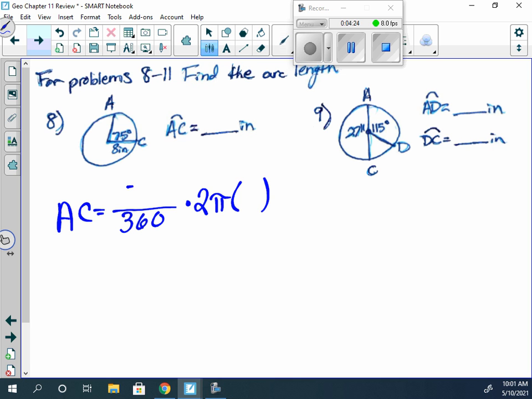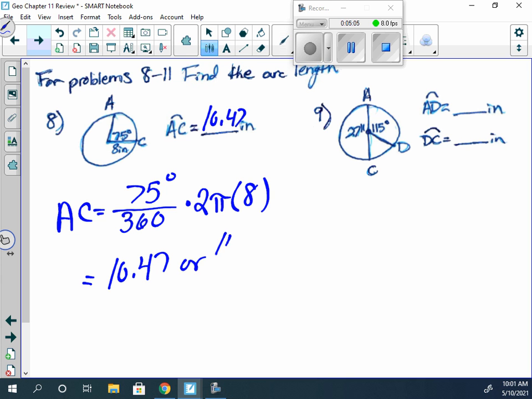Now our arc degree is 75 because it's the same as the central angle. And they told us that the radius is 8. And at this point, we can type all that into the calculator to get our answer.